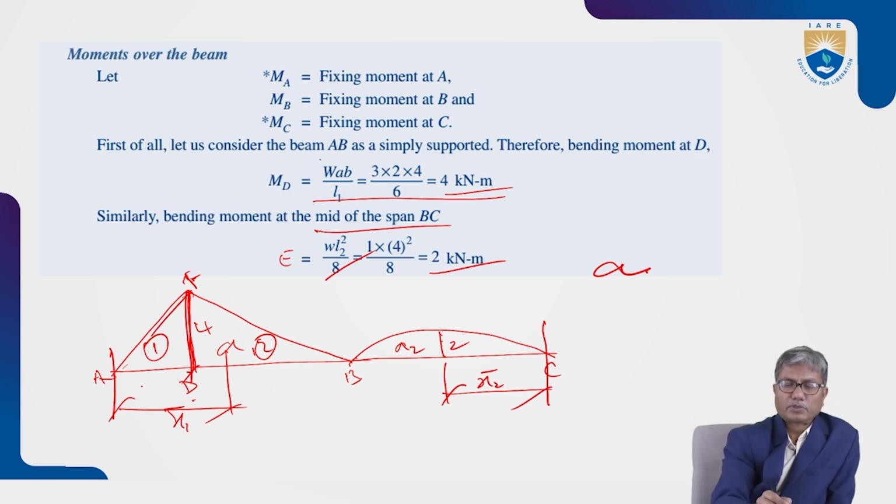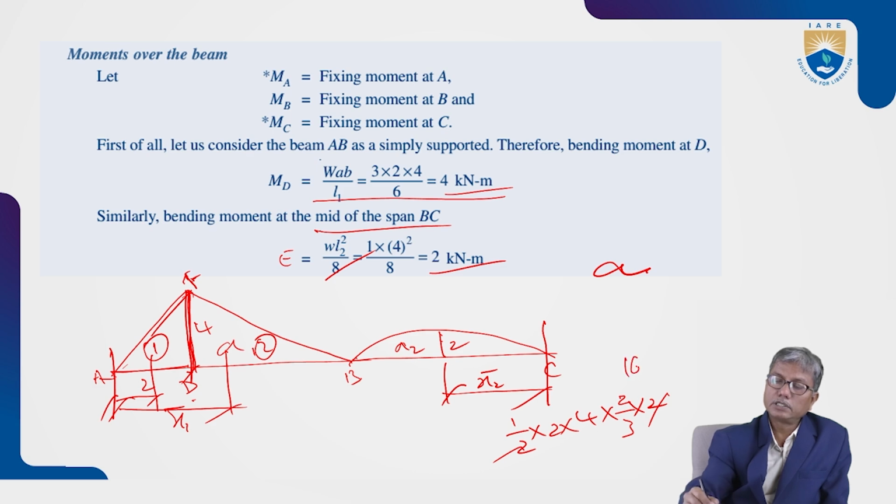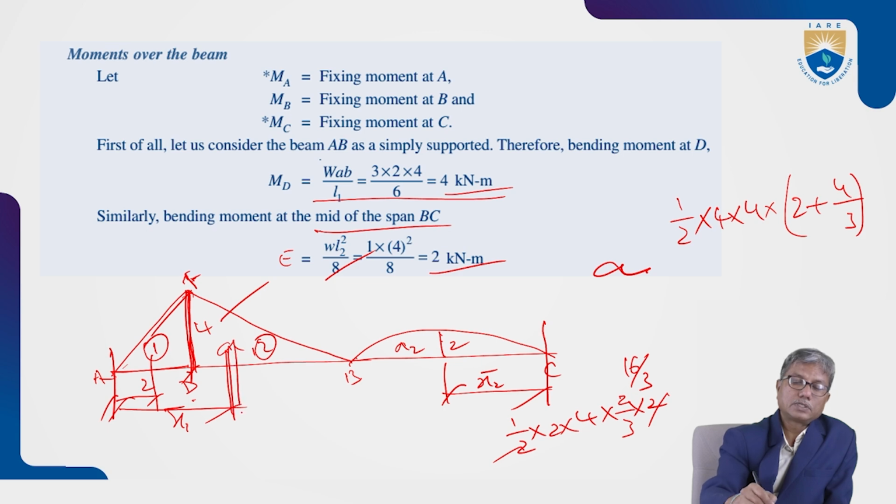For the first part, base is 2 and height is 4, area is half base into height, centroidal distance from A is 2/3 of 2, so we get 16 by 3. For the second part, area is half into base 4, height 4, and centroidal distance is 2 plus 1/3 of 4.